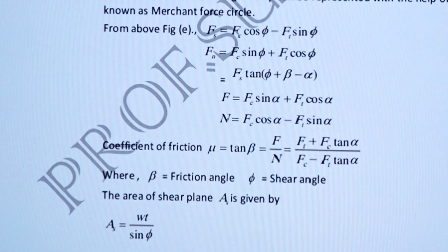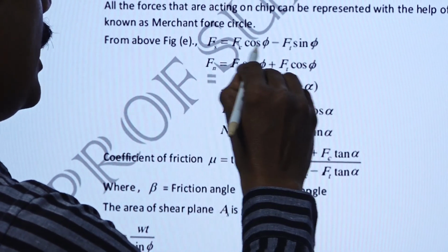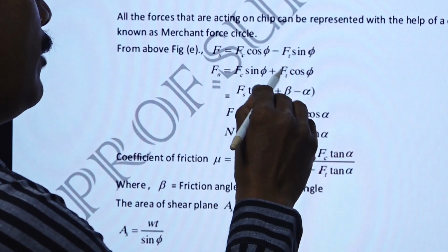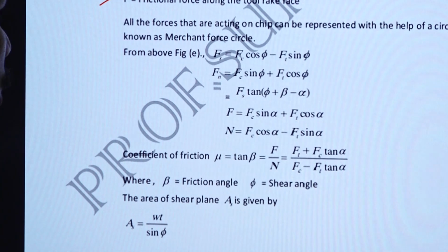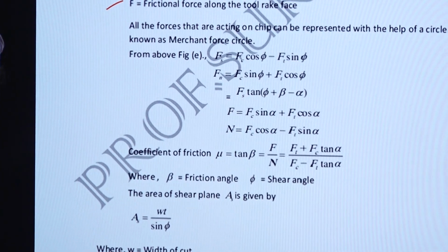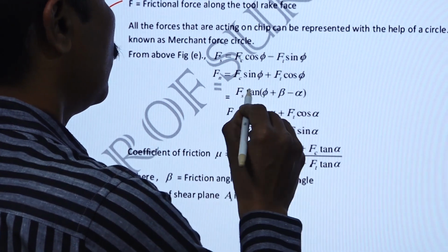By solving using the simple triangle method, we can get Fs equal to Fc cos phi minus Ft sin phi, and Fn equal to Fc sin phi plus Ft cos phi. So among these two forces, which force is larger? You should remember that.